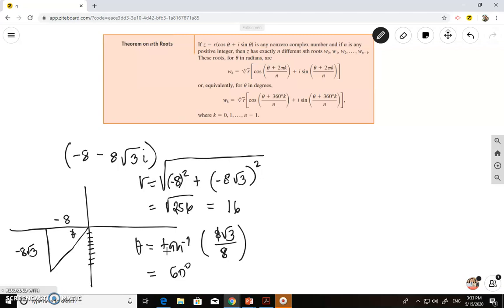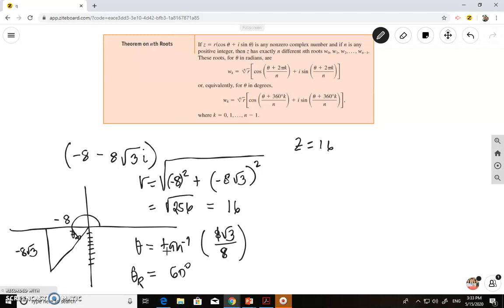So we can write that in trigonometric form. z is equal to 16 times, by the way, this one is only our reference angle. From here we have to get the actual measurement of the angle.